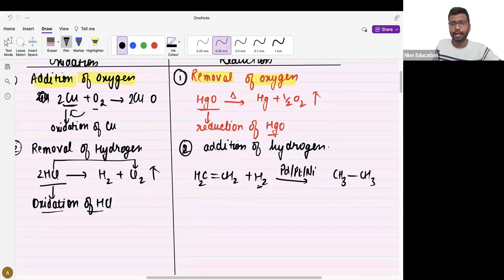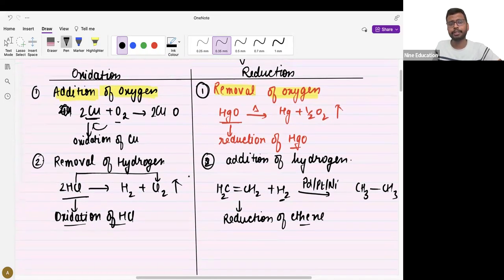Both hydrogen atoms add on the double bond, breaking the double bond. So this is known as reduction of ethene.